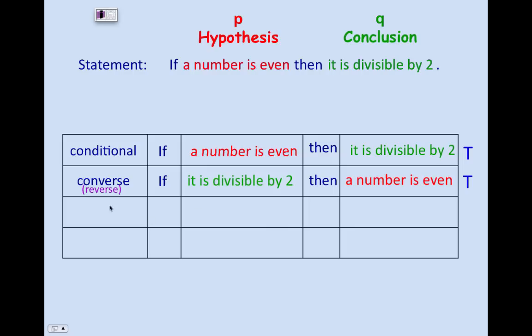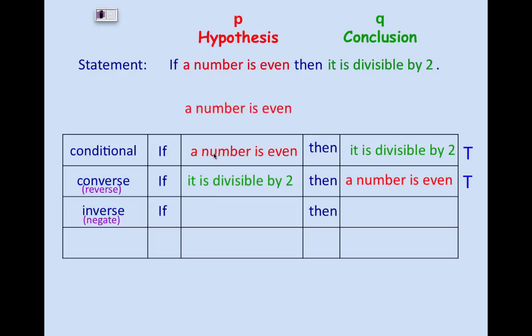The next word you need to know is called inverse. And what the inverse does is it adds the word not. It does the negation that we just talked about. So the order isn't changed this time. The if then stays in the same place. The original order is maintained, but what we do is we add the word not to it.